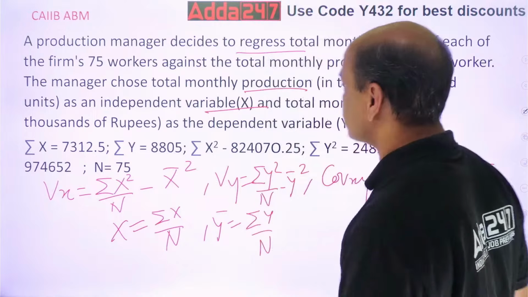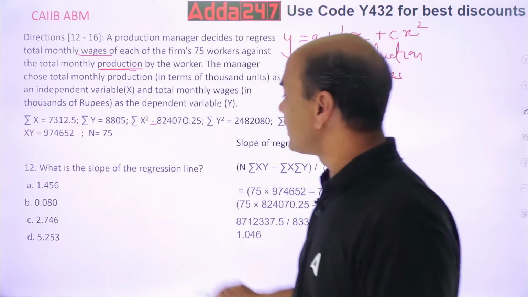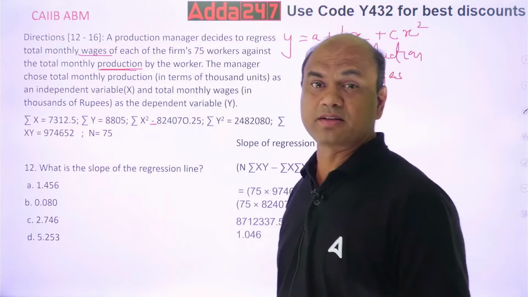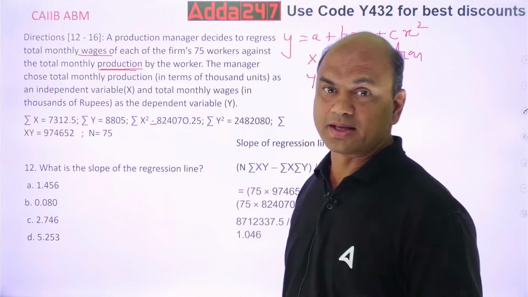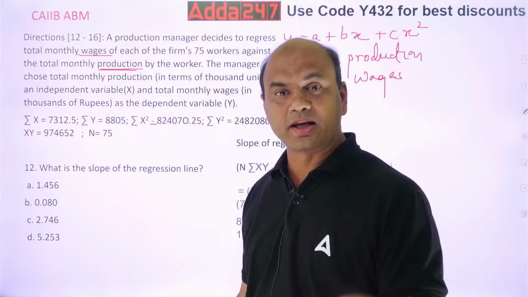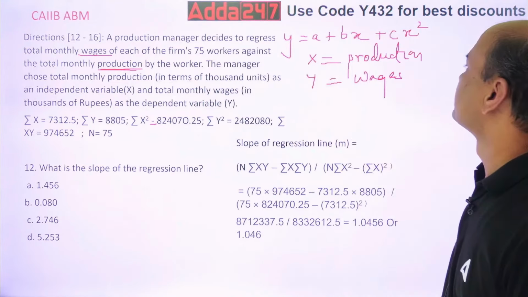Now we'll solve the questions. What all questions are asked? Let's see the first one: what is the slope of the regression line? Slope is asked. This is an engineering problem. Firstly, what is the line? You need to understand this. A line is written as y equals a plus bx.